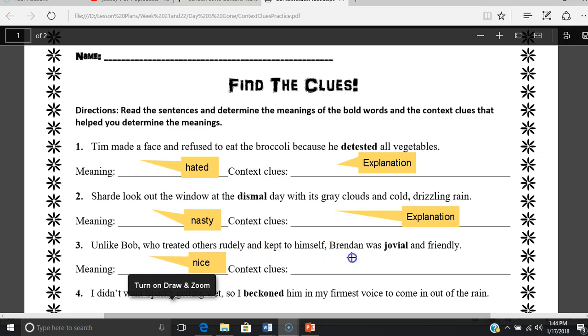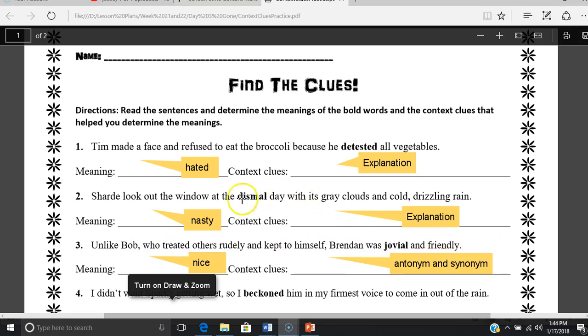The context clues that I used were both antonym and synonym. If I wanted to check myself, I could just put this word into that spot and make sure that the sentence still makes sense. Unlike Bob, who treated others rudely and kept to himself, Brendan was nice and friendly.